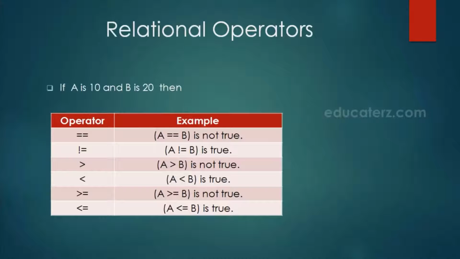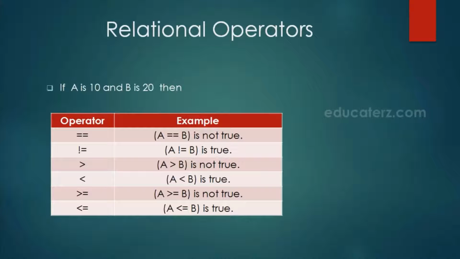Then we have relational operators. If we assume A as 10 and B as 20, this is the equality operator. The assignment operator is a single equal to, whereas equality is the double equal to operator. So A equal to B is not true here. Not equal to: A not equal to B is true.